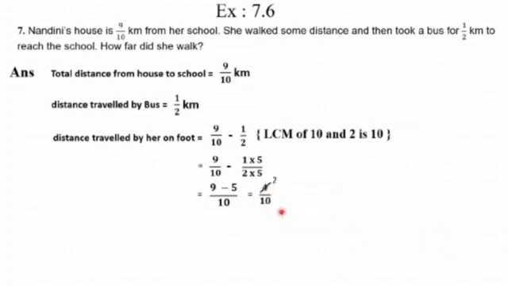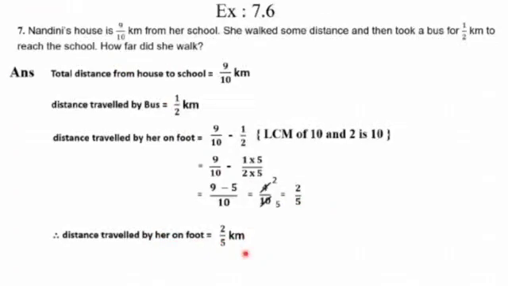That is, 2 2s are 4 and 2 5s are 10. So 2 upon 5 is the fraction which Nandini walked till she got the bus. So the distance travelled by her on foot is 2 upon 5 kilometer.